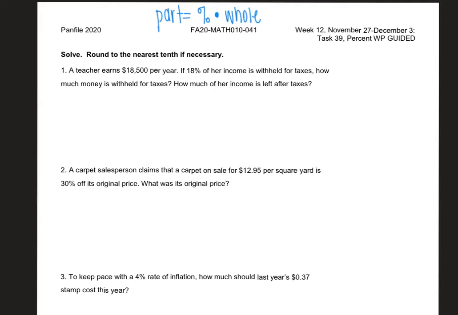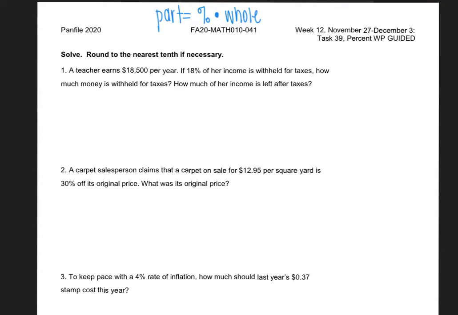Okay, so the part will equal a percentage of the whole. Now, again, sometimes I like to think of things as part and whole. Part and whole is better than is over of, if you remember that mnemonic device. If you don't, just forget I even mentioned it.